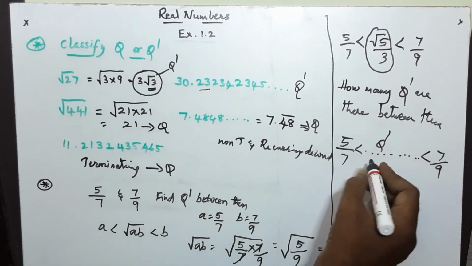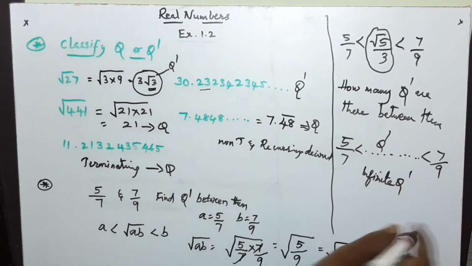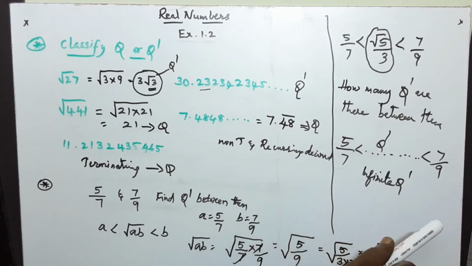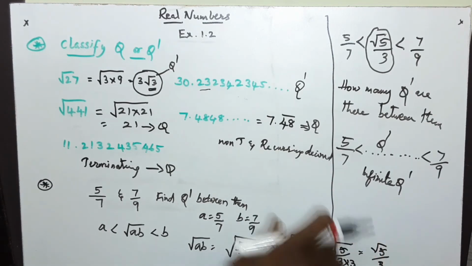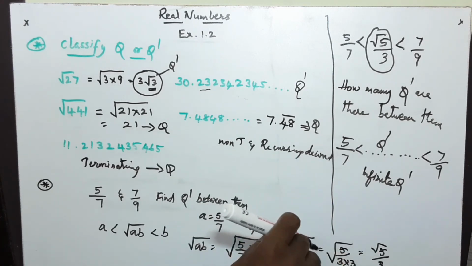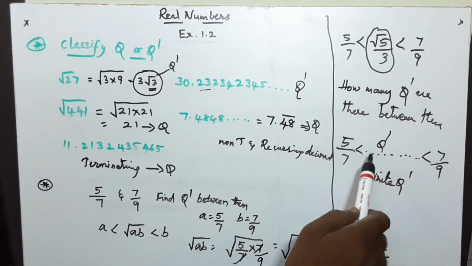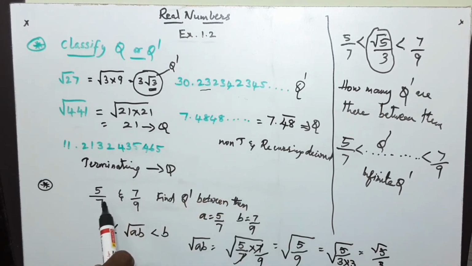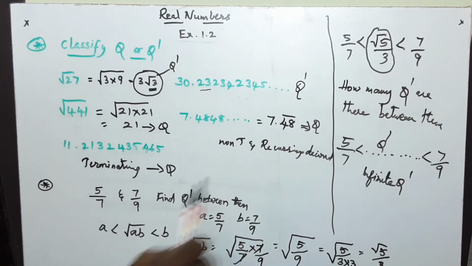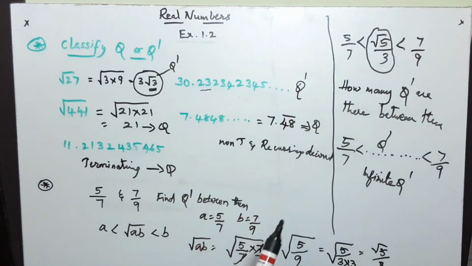There are infinite irrational numbers between 5/7 and 7/9. Make a note of this: between any two numbers we have infinite numbers. So what is the solution for the given problem? An irrational number between 5/7 and 7/9 is root 5 by 3.